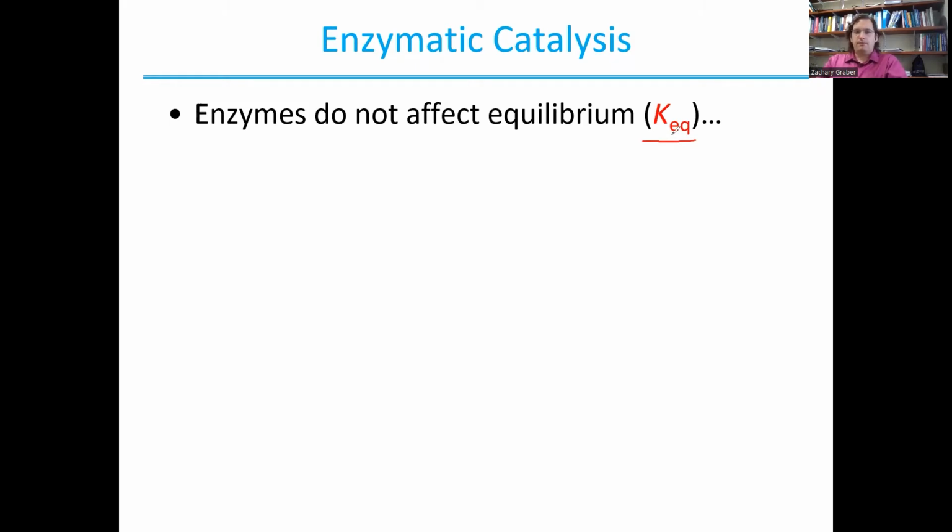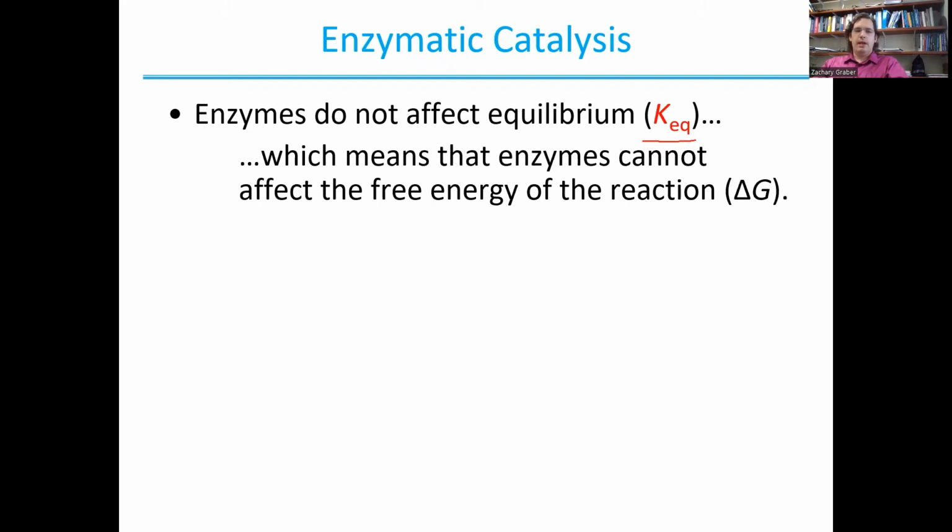So again, you'll have a specific ratio at equilibrium based off of that equilibrium constant. That doesn't change. Along with that, our enzyme is also not going to change the free energy of the reaction, right? So free energy relates directly to the equilibrium constant. We have an equation that we can use to calculate between our free energy and our equilibrium constant.